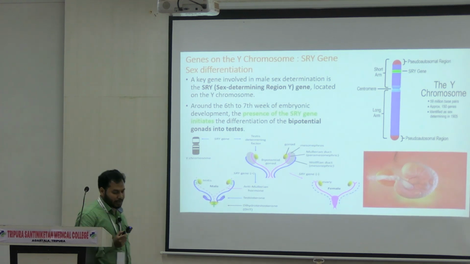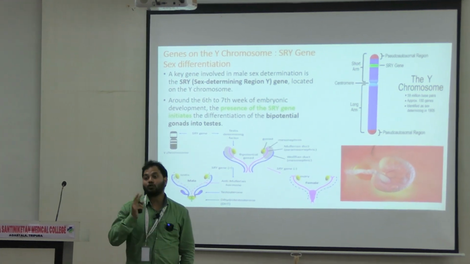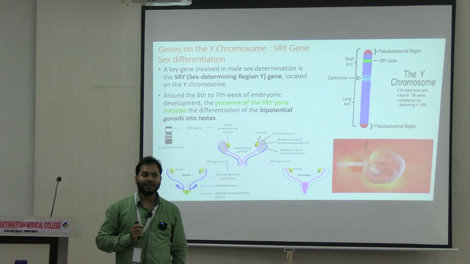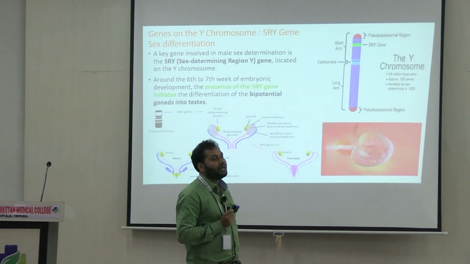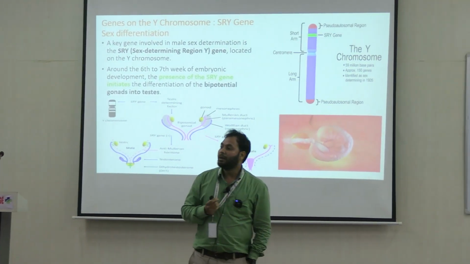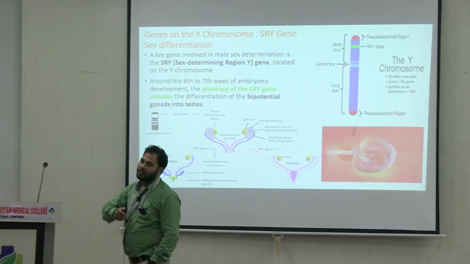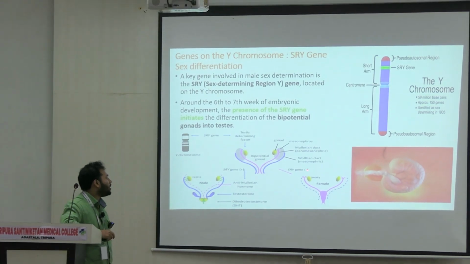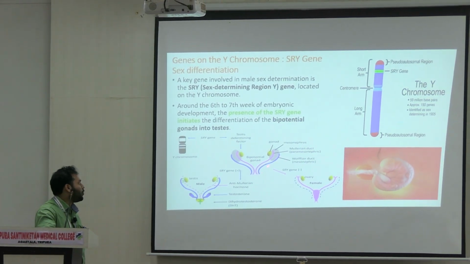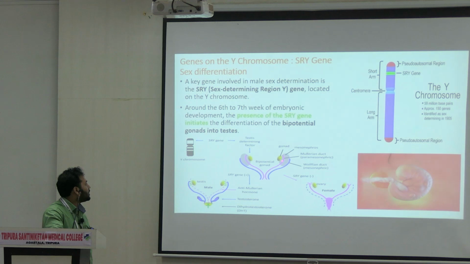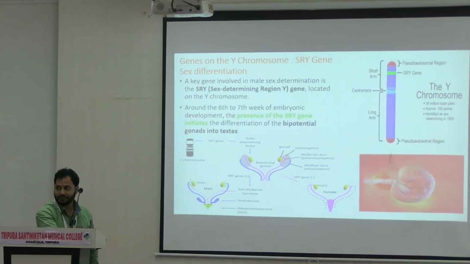Now you can see here, this is a bipotential gonad. If you see the structure of the bipotential gonad, there are two different ducts, and these two different ducts are mainly involved with the development of two different sexes, right? The ducts are called the Wolffian duct, that is the blue one, and the Mullerian duct, that is the pink one.